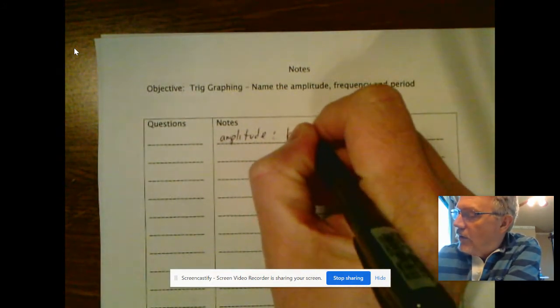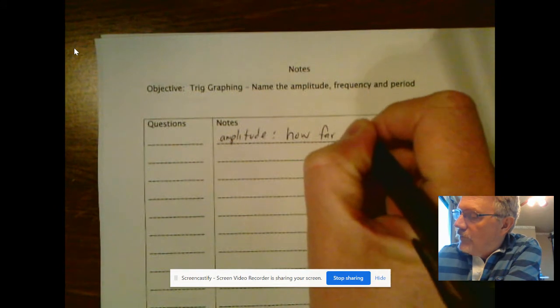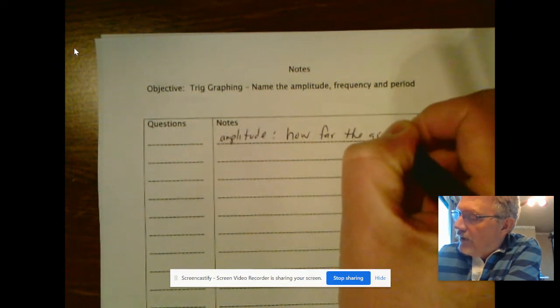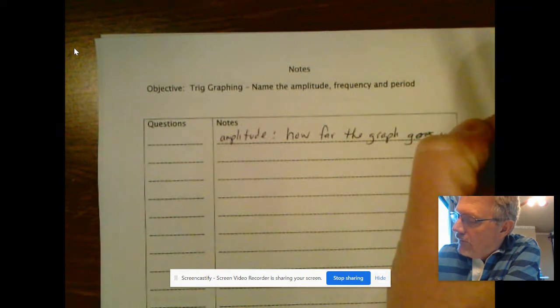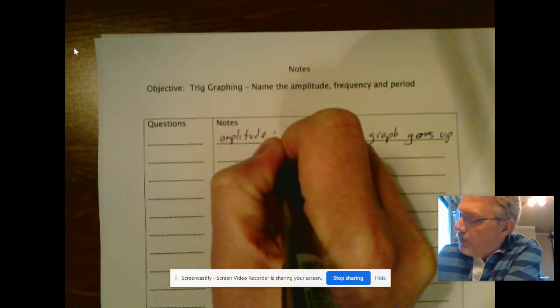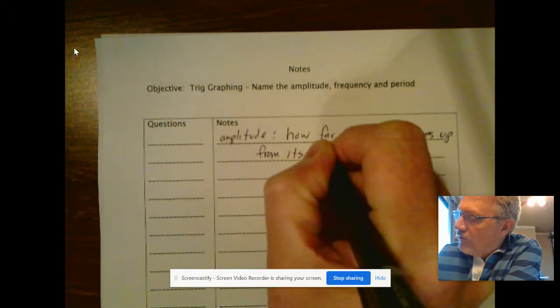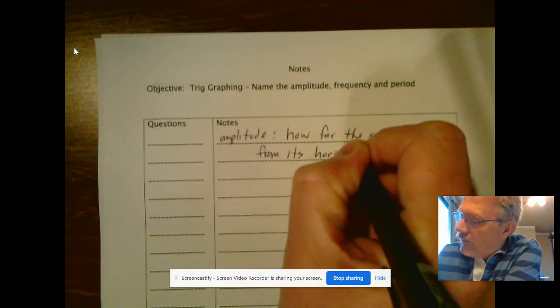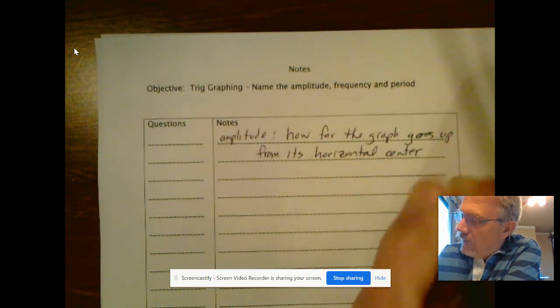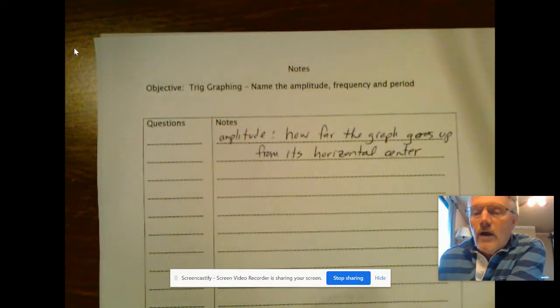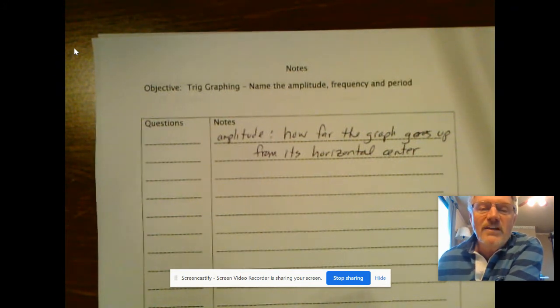So how far the graph goes up from its horizontal center. That would be my definition that makes sense to me.